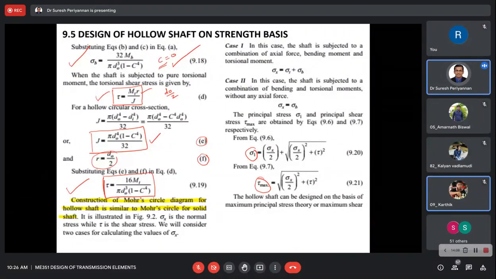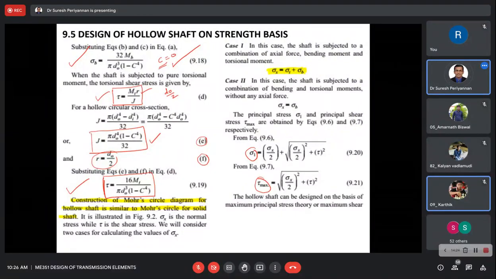Now sigma x is normal stress, and sigma b is also normal stress. Suppose the shaft is subjected to tensile load and simultaneously bending. Then we consider the total normal stress equal to sigma t plus sigma b.